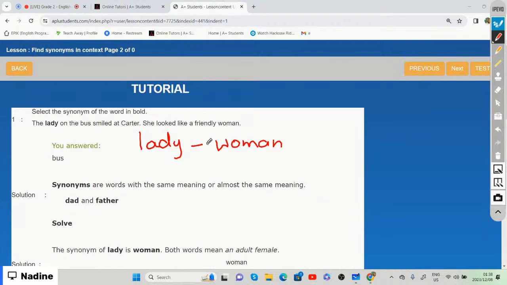So woman is the word that is either similar or the same meaning as lady. You can either say someone is a lady or you can say this person is a woman, right? Lady and woman are words with similar meaning.